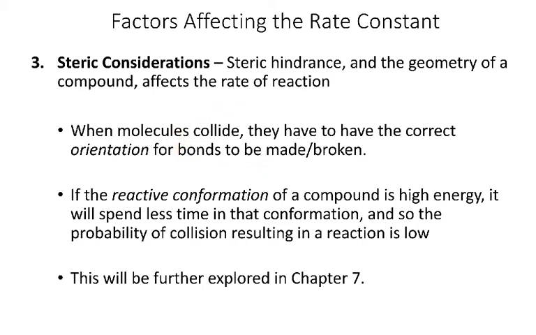Well, if I'm trying to make a bond between a carbon and an oxygen, if the carbon and oxygen aren't near each other when the molecules collide, then we're not going to get a reaction. And so we'll talk about this more in later chapters, but it's just good to know that the shapes of the molecules and the orientation that they can collide will influence the rate of the reaction.